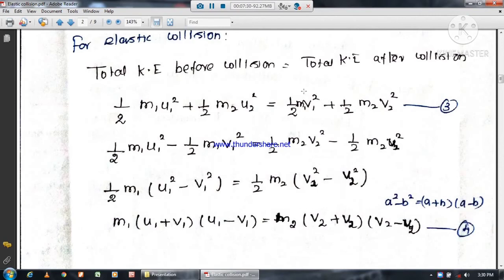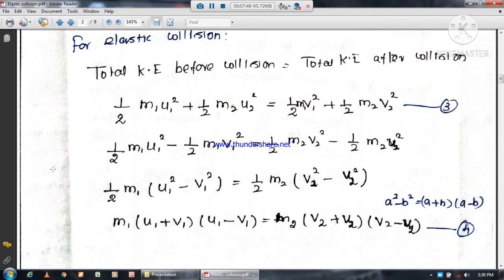You take this term to the left hand side. So we get minus 1 by 2 m1 v1 square is equal to, you take this u2 term to the right hand side, we get 1 by 2 m2 v2 square minus 1 by 2 m2 u2 square.